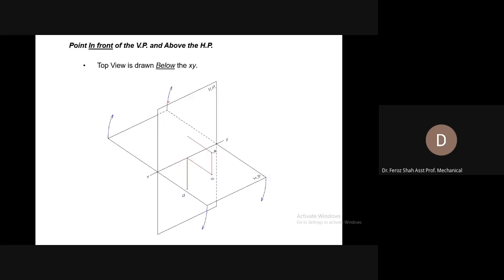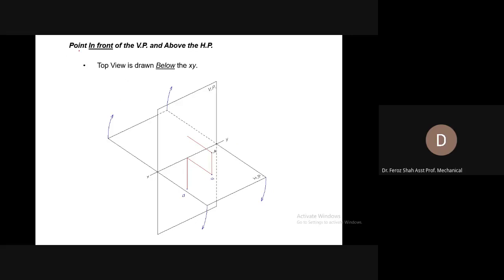Now let's see the position of the top view as compared to the front view. The top view would depend on its relative position with the vertical plane.